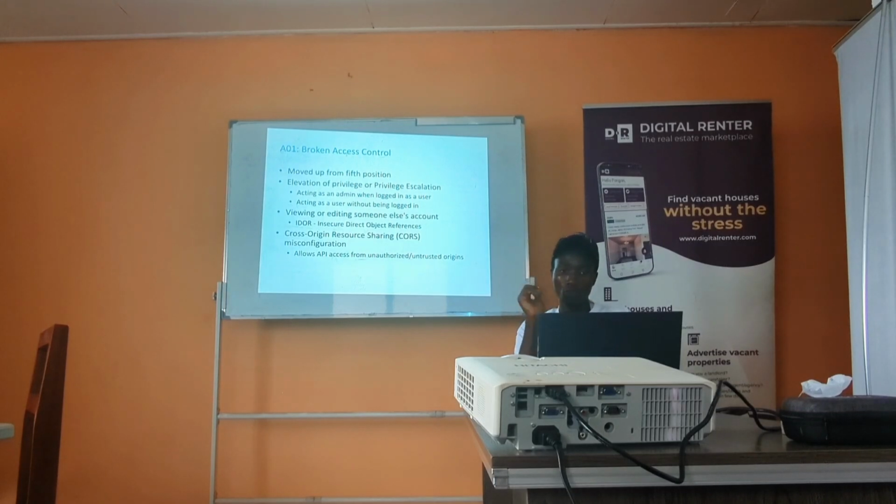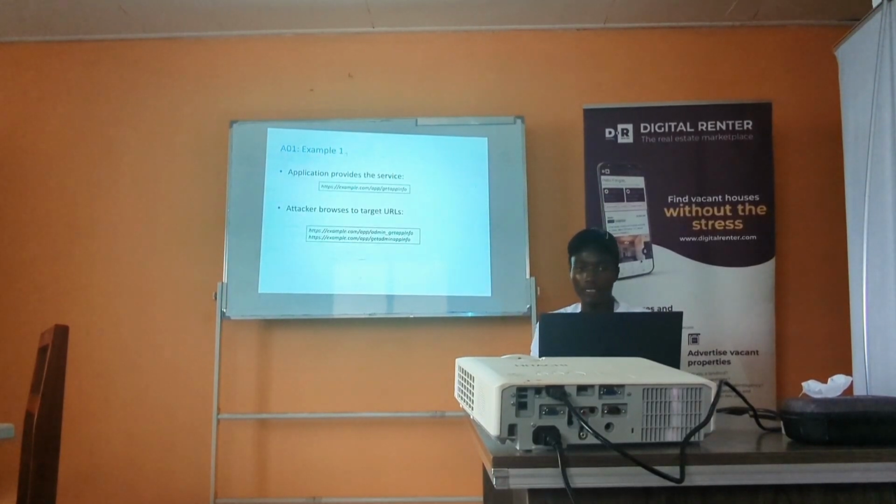Meanwhile, viewing or editing someone else's account without the person's permission is insecure direct object reference, also known as IDOR. There's also cross-origin resource sharing misconfiguration that allows API access from unauthorized or untrusted origins.